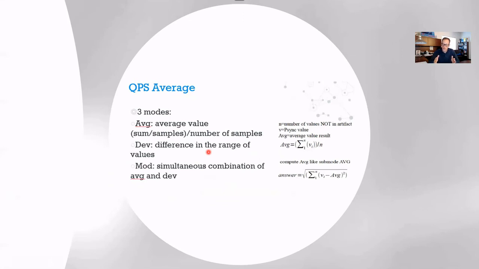So we'd be making them more similar, and at the same time, we'd be raising the coherence values simultaneously. We think this may be more powerful, but we don't know. We're still studying the impact of that. But in EEG, you can choose among these 3 options. In BrainMaster Avatar, for example, they've only programmed in QPS average, so that is your only option there.